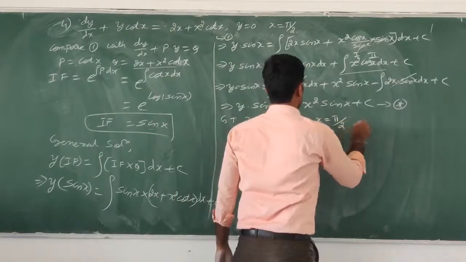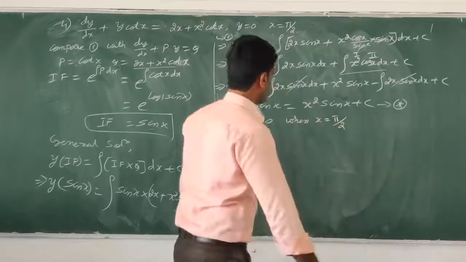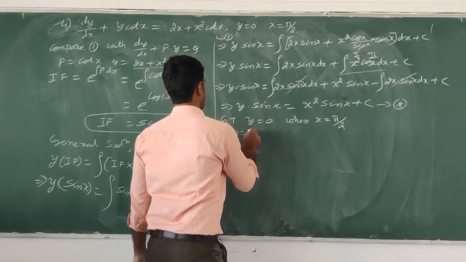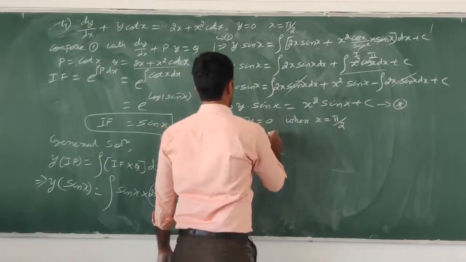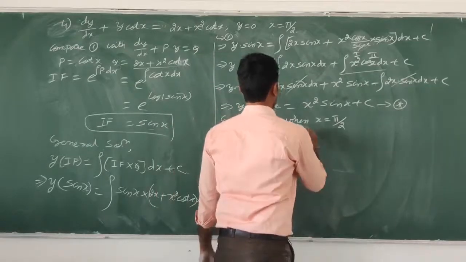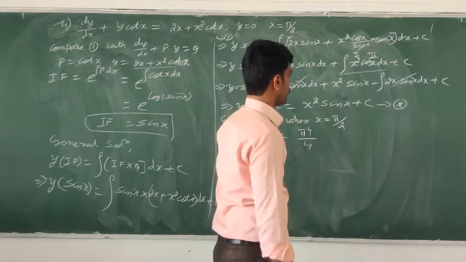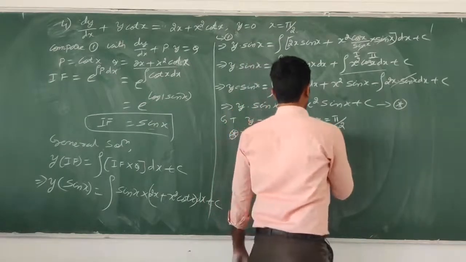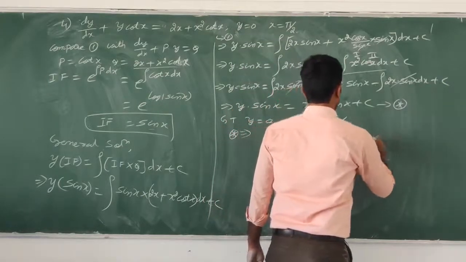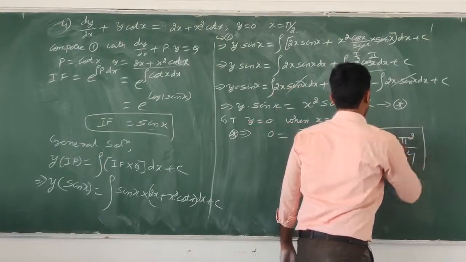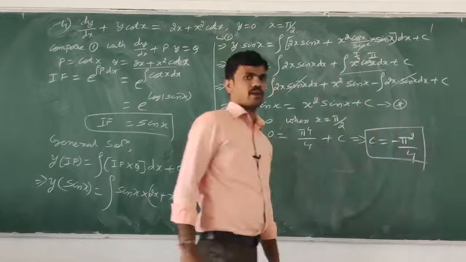Substitute these values in equation star: 0 into anything is 0, which is equal to pi square by 4 (x is pi by 2), sin pi by 2 is 1, so plus c. This implies that c is equal to minus pi square by 4. The value of c you got is minus pi square by 4.